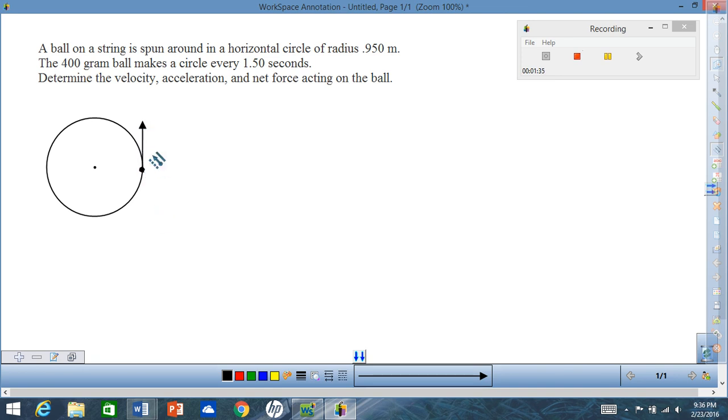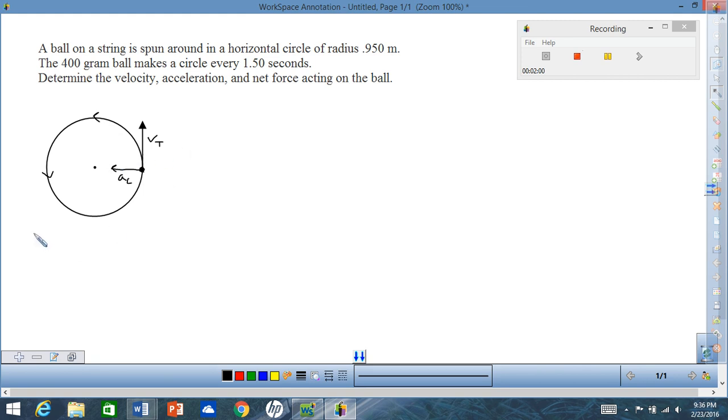That's the velocity of the object as it's traveling around the circle in this direction, and I'll label that the tangential velocity. If we're asked to label the acceleration, that would be pointing toward the center of the circle, something like this, always toward the center.